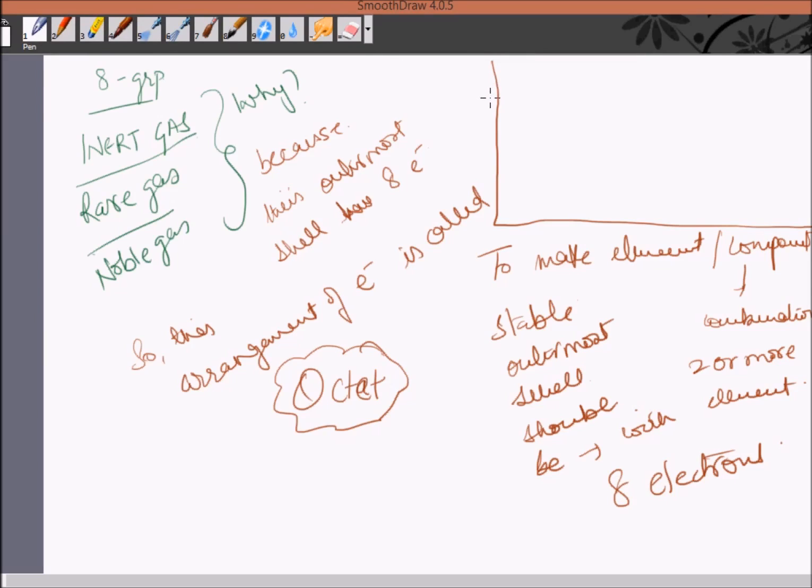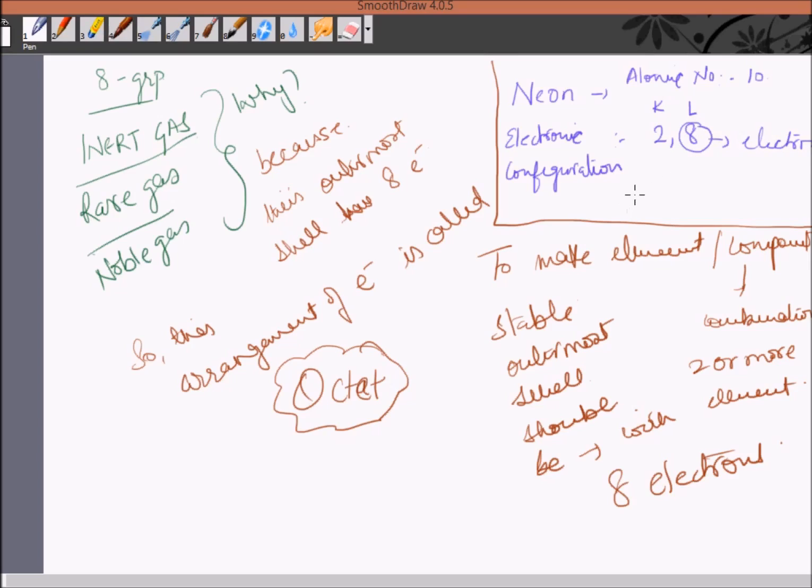Let's take an example of neon. What is the atomic number of neon? It's 10. So what is the electronic configuration? It's 2, 8. That is K, L, right? So both the shells have been filled completely, and the second shell has 8 electrons, right?